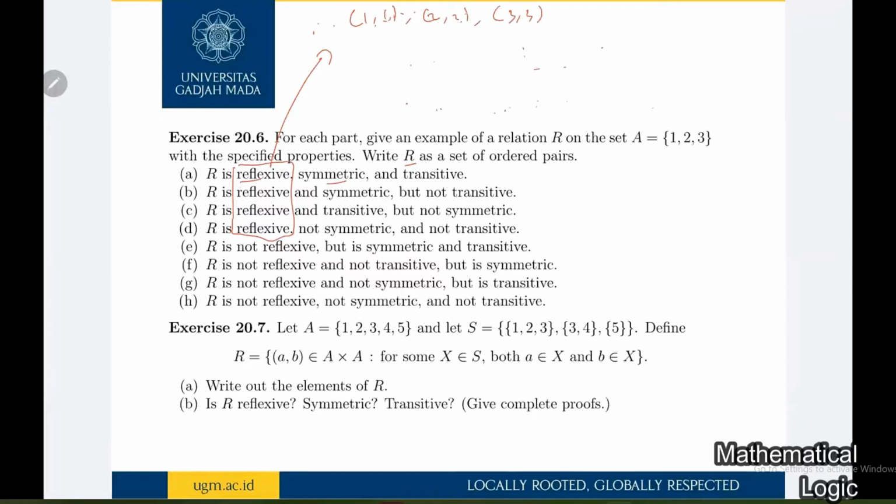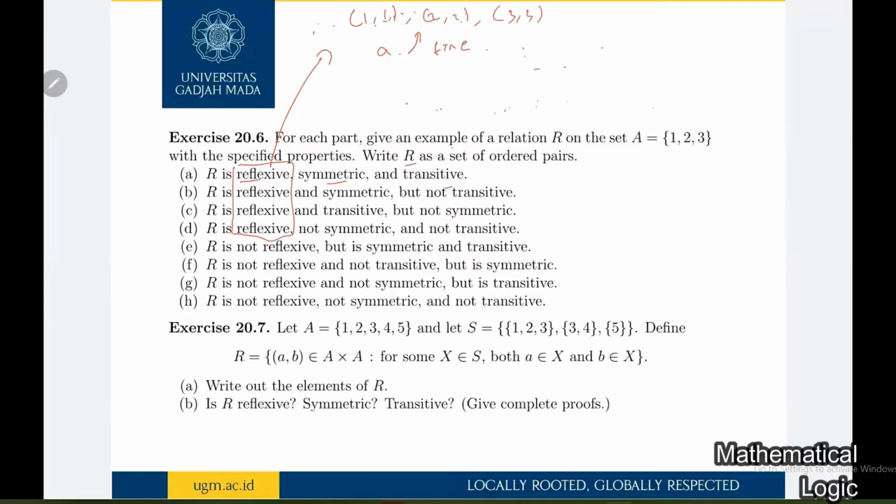That's the first part. And the second part, for the symmetric one, it should be okay to keep it like this. Why? Because when you look at this one, it should be symmetric, right? For point A, this one should be fine.